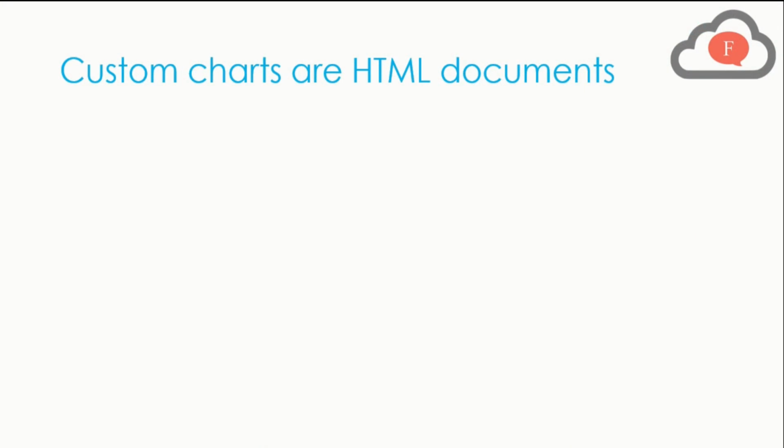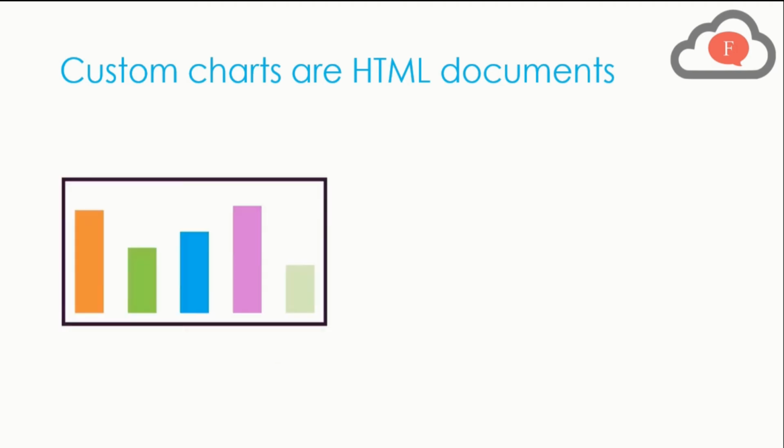So basically, before talking about custom charts and visuals, you must know that the charts and visuals which we use in Power BI Desktop are actually made up of HTML language.